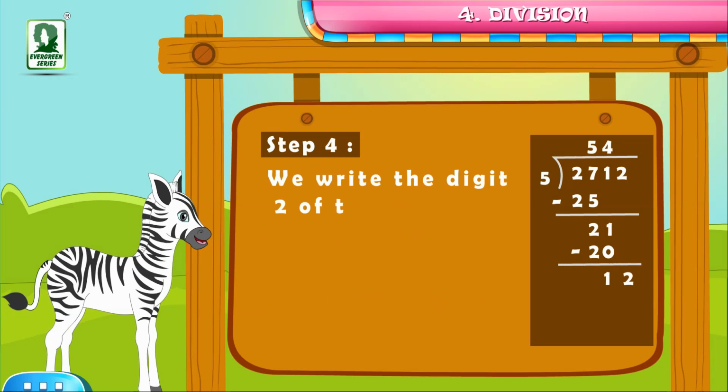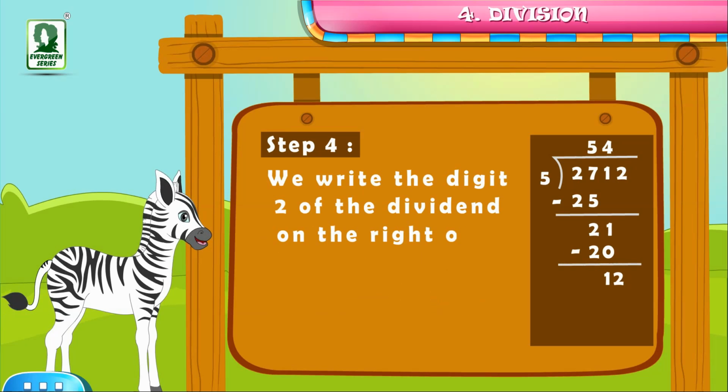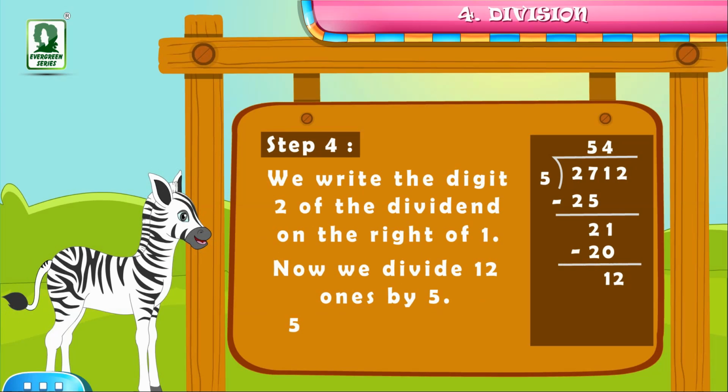We write the digit 2 of the dividend on the right of 1. Now, we divide 12 ones by 5. 5 multiplied by 3 is equal to 15. 15 is greater than 12. Then, we will multiply 5 with a number less than 3, that is 2. 5 multiplied by 2 is equal to 10, and 10 is less than 12.